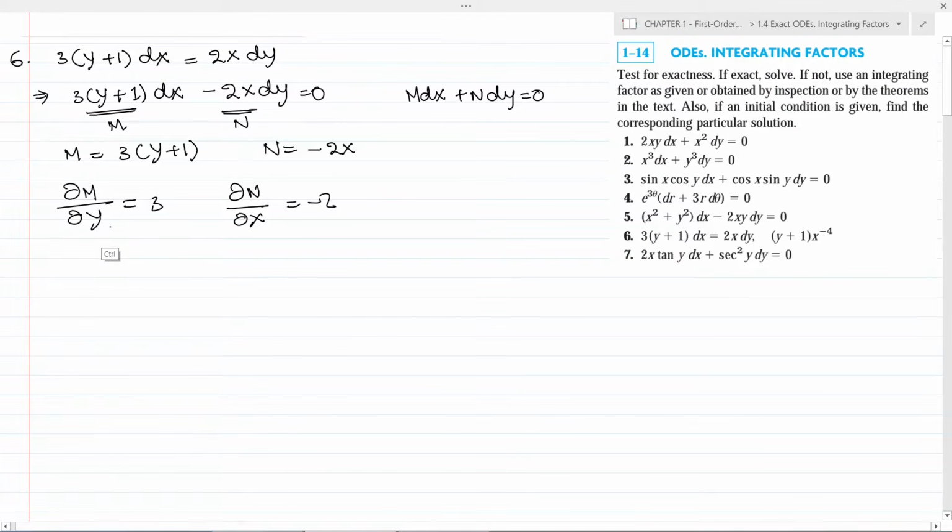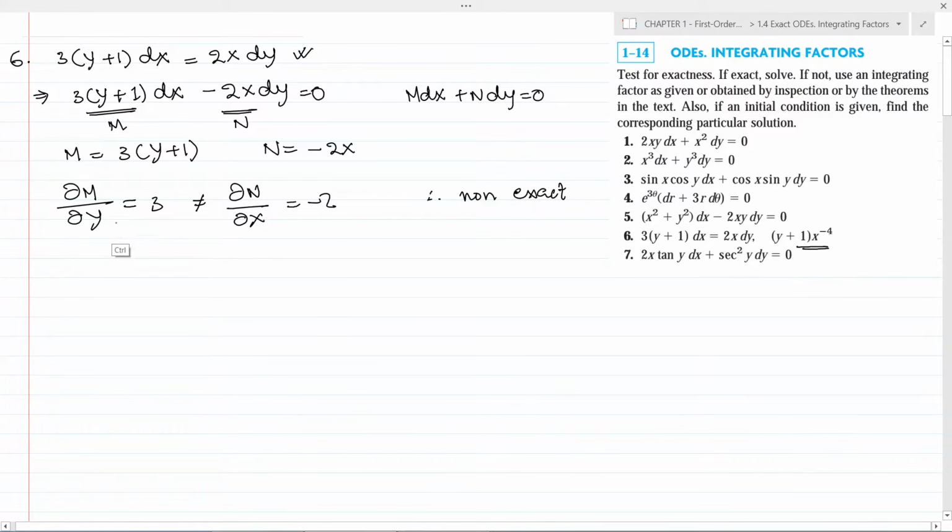We see that del M by del y is not equal to del N by del x. So, therefore, the equation is not exact, this differential equation right here. So, we have to find the integrating factor. However, the integrating factor has already been given in the question.